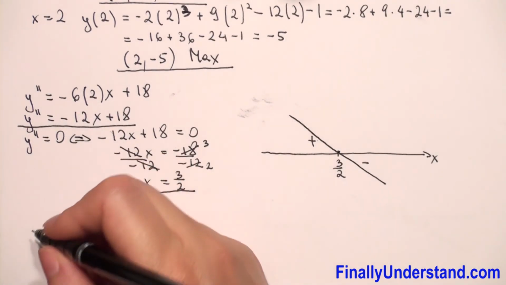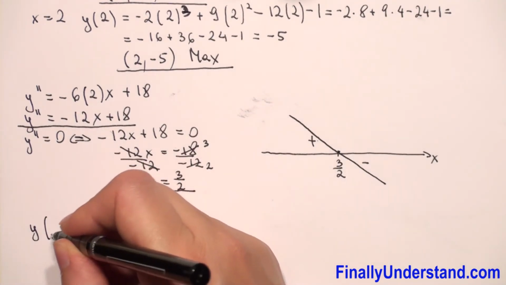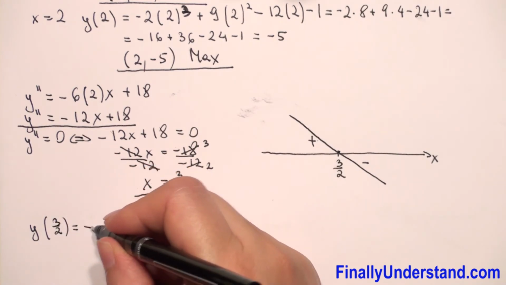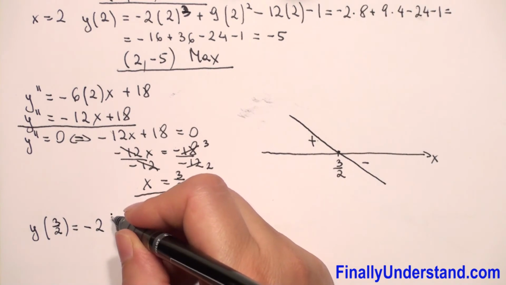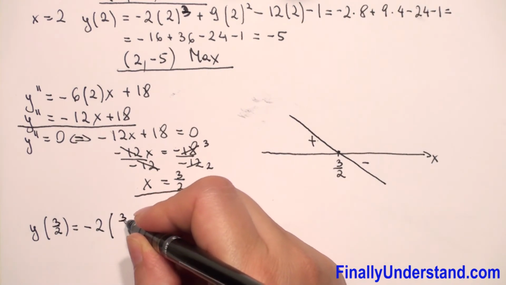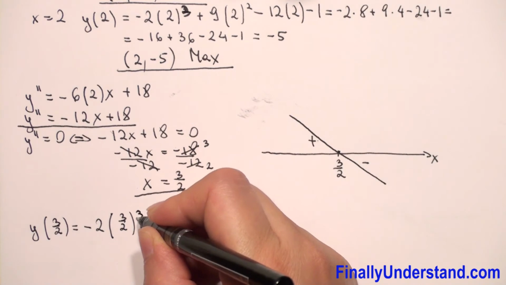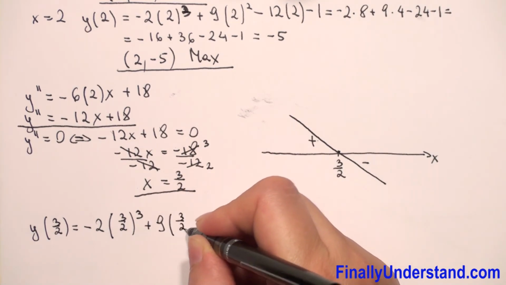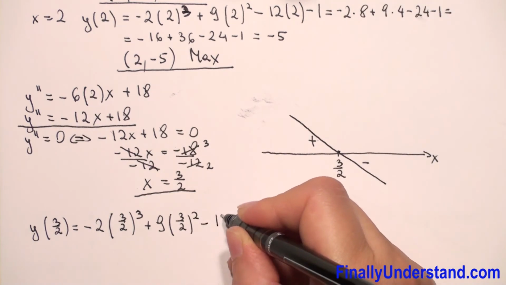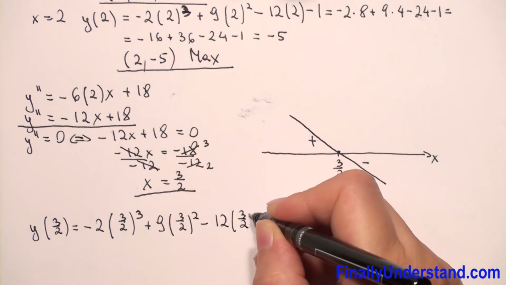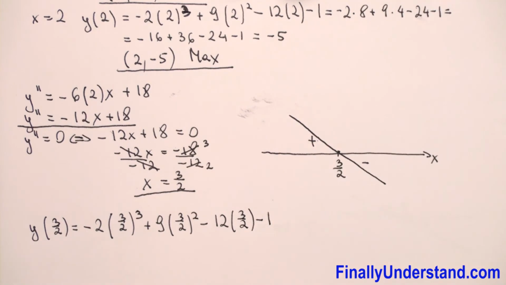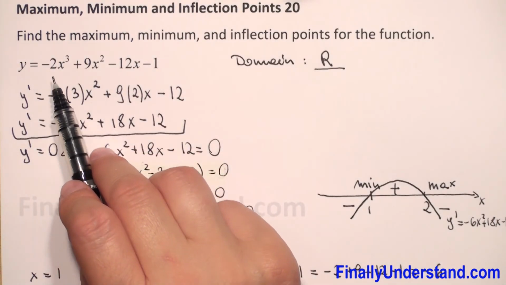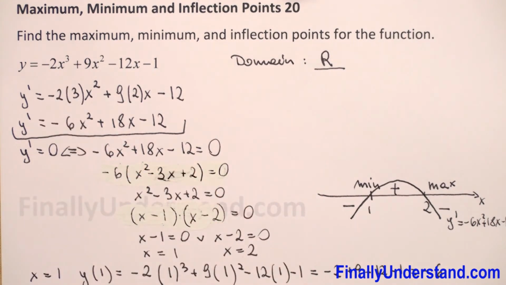Now we have to calculate this. Y of 3/2 will be negative 2 times 3/2 to the third power plus 9 times 3/2 to the second power minus 12 times 3/2 minus 1. I just replace in our y function x by 3/2.